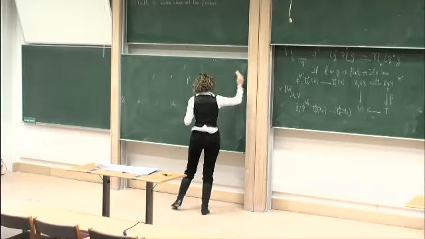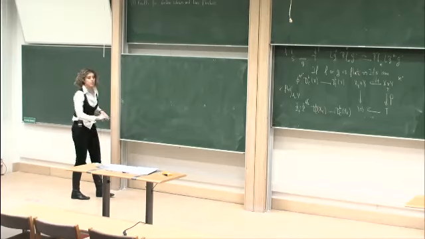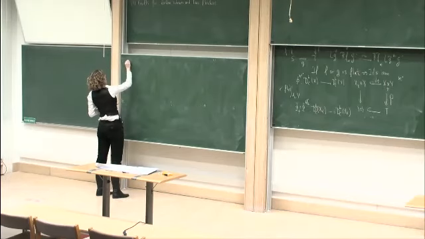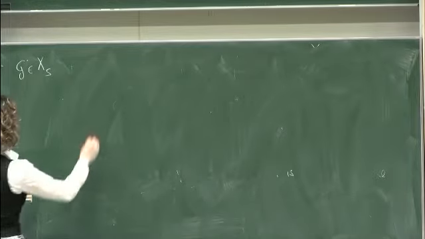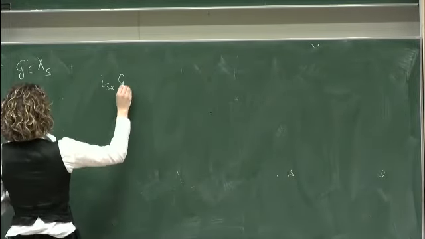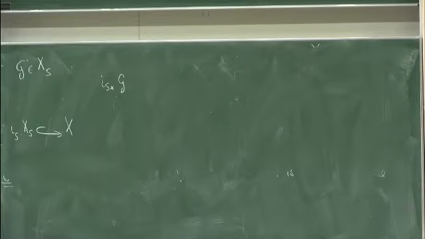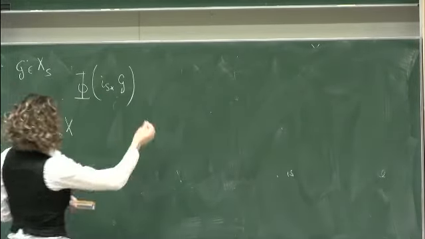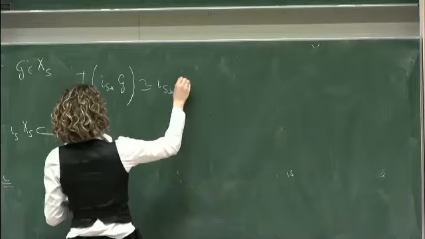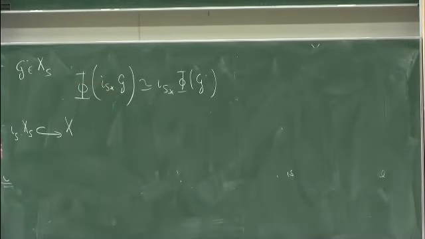I mean, the base change that I explained before tells you that when you have G, a sheaf on the fiber, then you extend it by the immersion of the fiber into X, and you apply the whole functor, then it's the same as this one, Phi of G. And also for the inverse image.